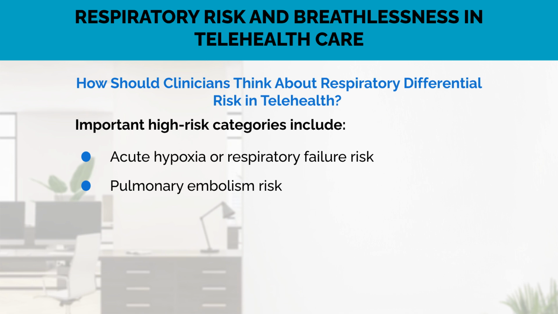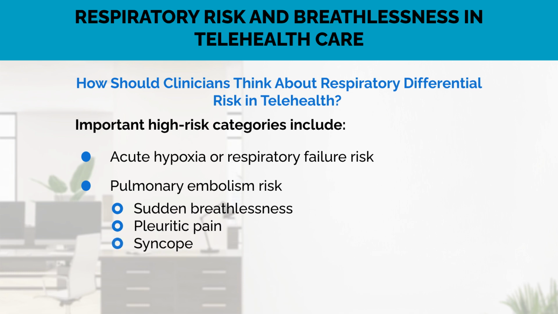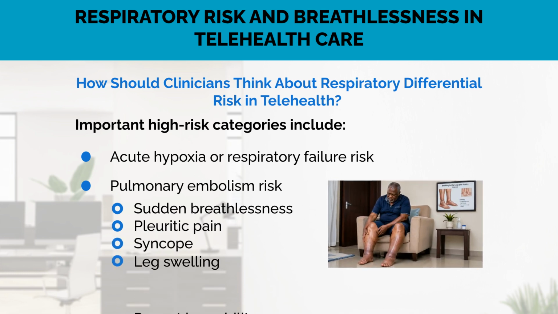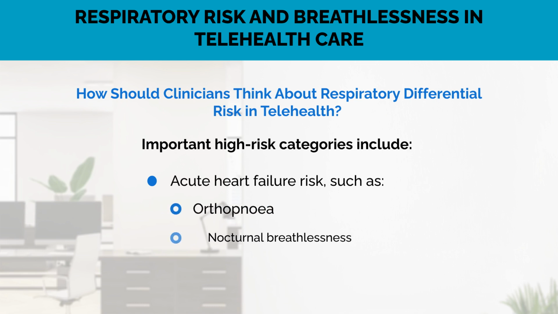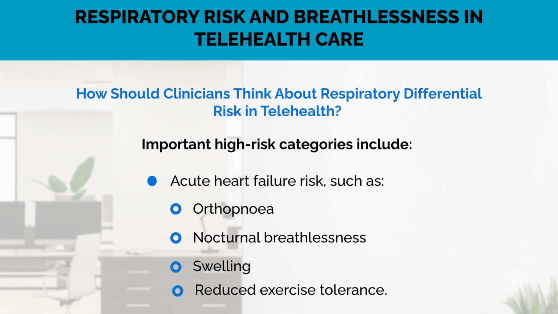Pulmonary embolism risk, such as sudden breathlessness, pleuritic pain, syncope, leg swelling, and recent immobility. 3. Acute heart failure risk such as orthopnea, nocturnal breathlessness, swelling, and reduced exercise tolerance.